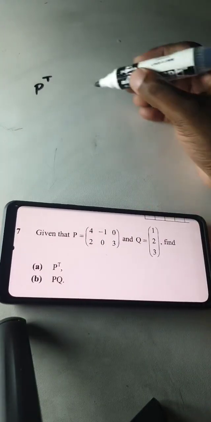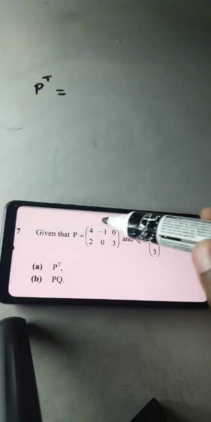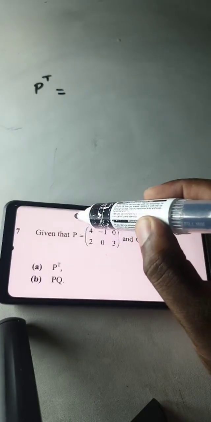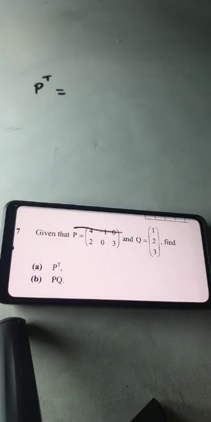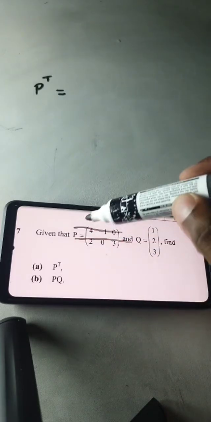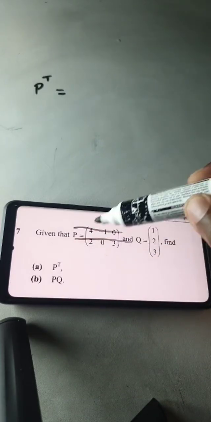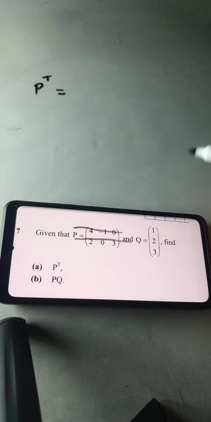When we are transposing, we have the first row. These lines that go like this are called rows. So we have the first row and the second row. The first row in its order becomes the first column. Columns are the lines that stand.